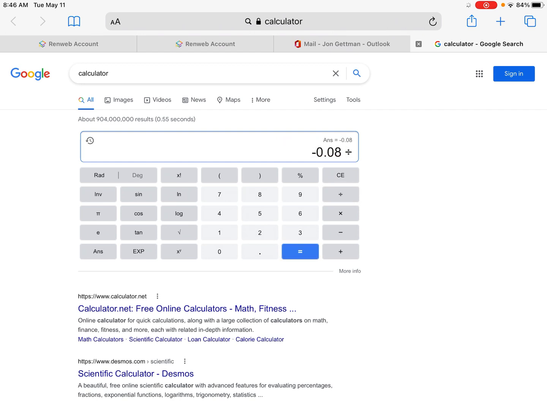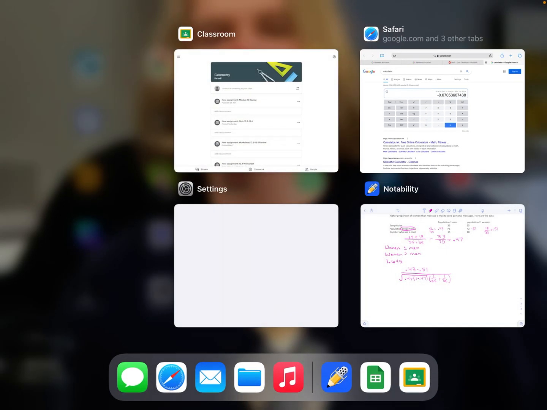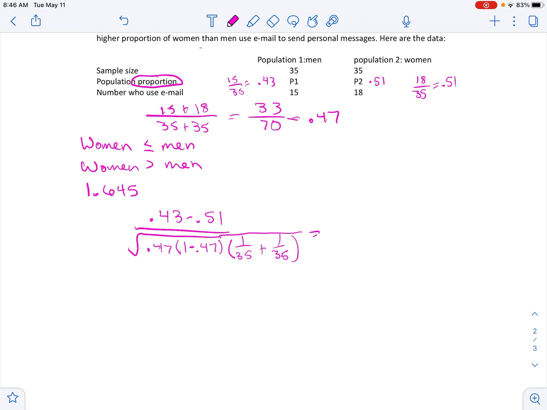Divided by the square root of 0.47 times 0.53 times 1 divided by sample size 1 plus 1 divided by sample size 2. There we go. Okay, so yeah, it equals negative 0.67. So again, I compare this value to this value here. Do not reject.